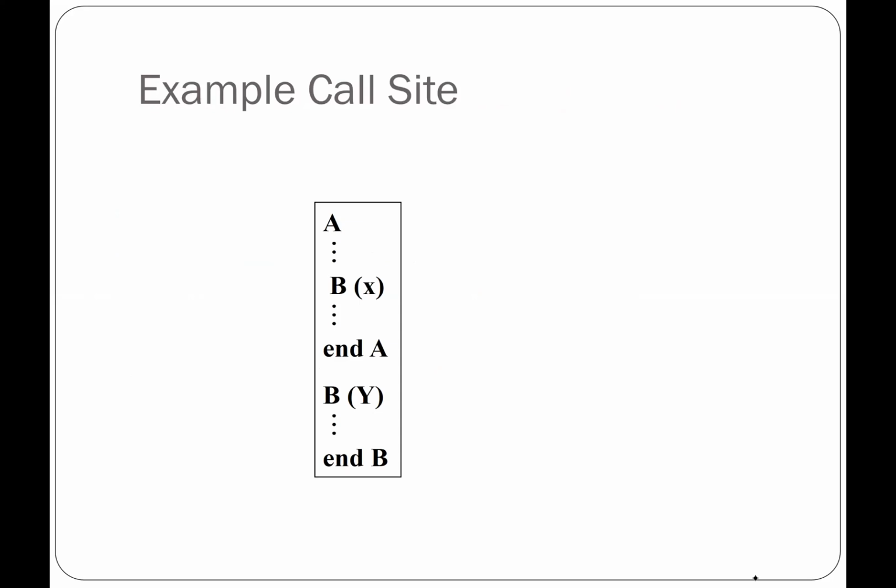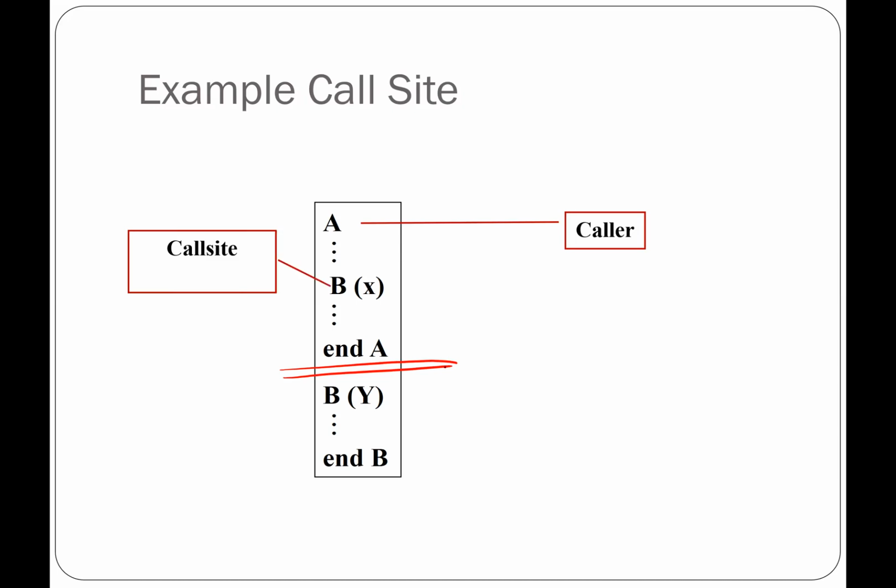Let's take a look at this. These are two different objects, and I'm going to split them over here. A is my caller, and the second one is where I make the call to the object B. That's where I say this is my call site.